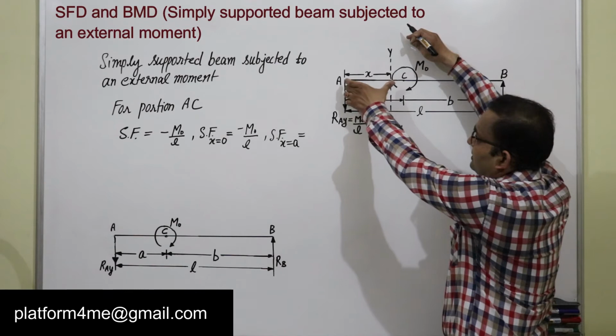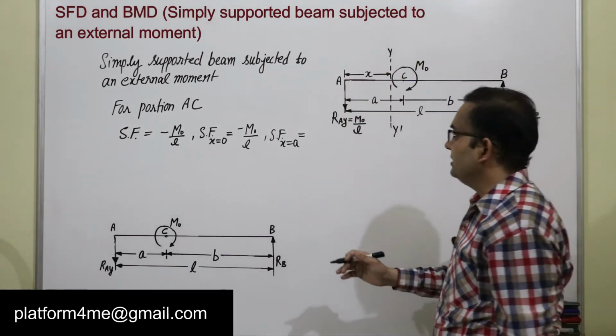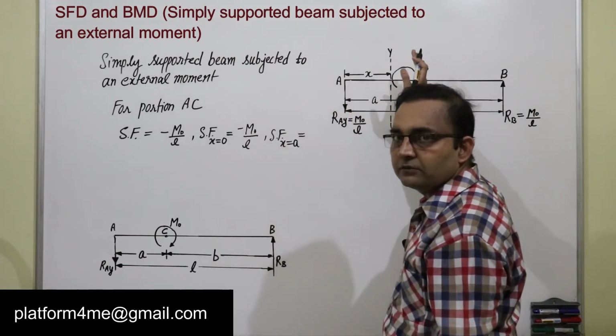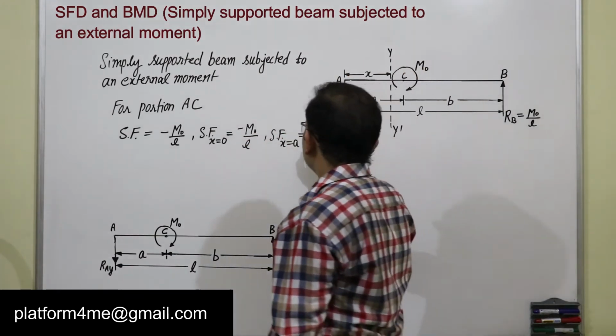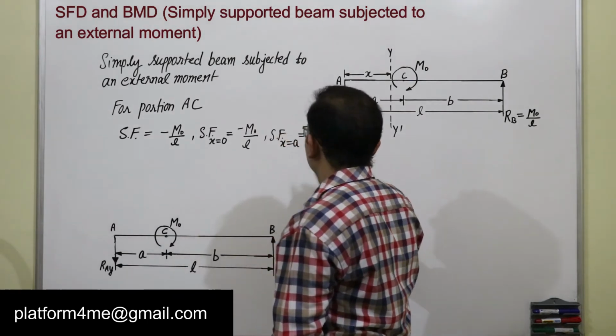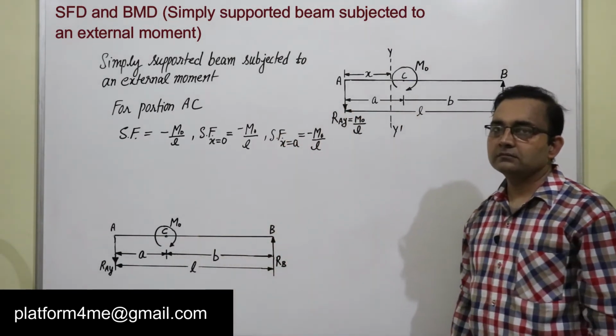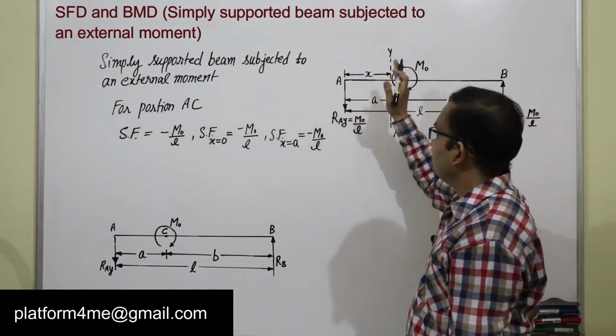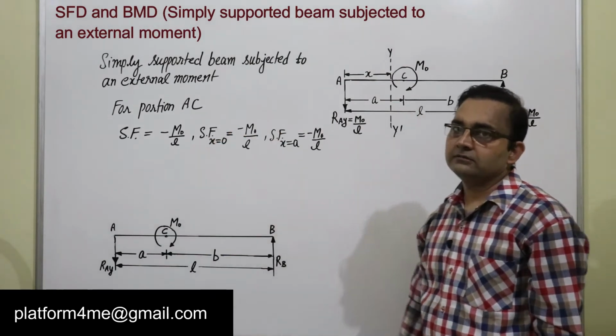So x will increase and it will become A. So shear force will be same, we are seeing towards the left of this section. So it will be same, minus m0 upon L. So shear force is constant from A to C and it is negative.